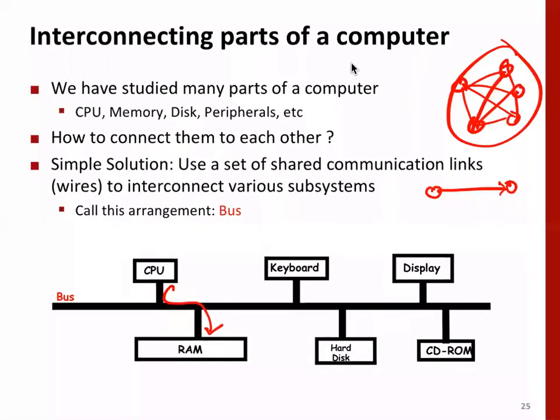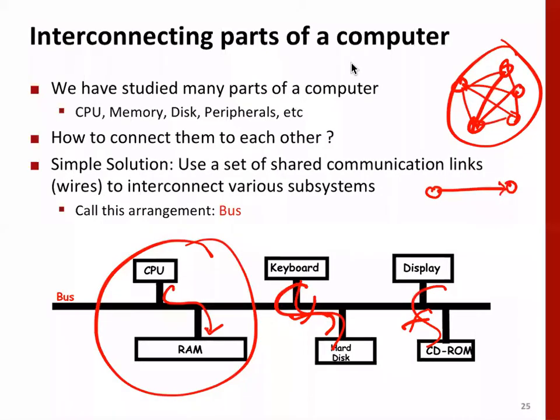At this point in time, this guy is not using the bus, and this guy is also not using the bus. When the turn of this one is over, this guy can use the bus, and so on. So it's a shared mechanism. If it's a shared mechanism, then there has to be a protocol or set of rules about how to share the bus. So a bus comes with a set of rules.